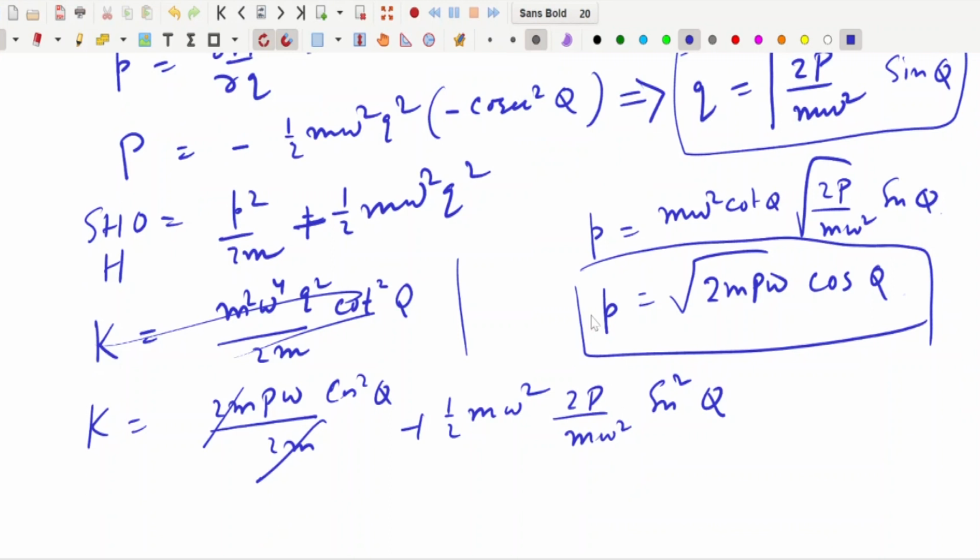So here we will cancel this 2 with this, m with this, omega square with this, so half m omega square q square.